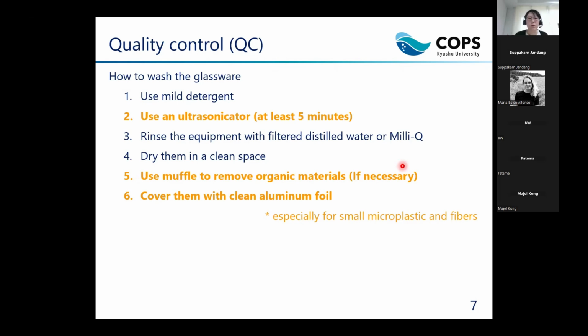For example, first use a mild detergent, then use the sonicator, rinse the equipment with Milli-Q or distilled water, and dry the glassware in a clean space. Perhaps using a muffle furnace works to remove organic material. And after the whole procedure, you can cover the glassware with clean aluminum foil.